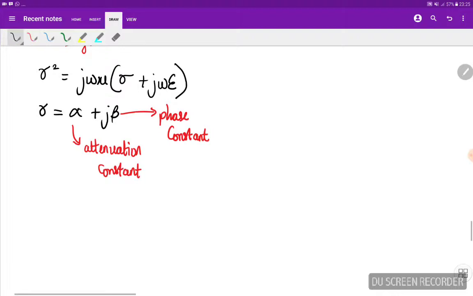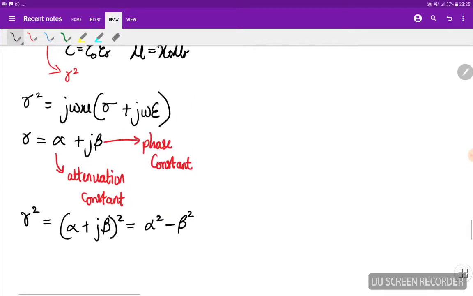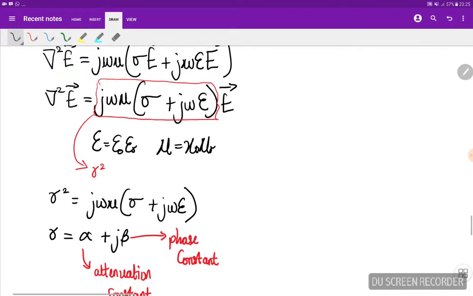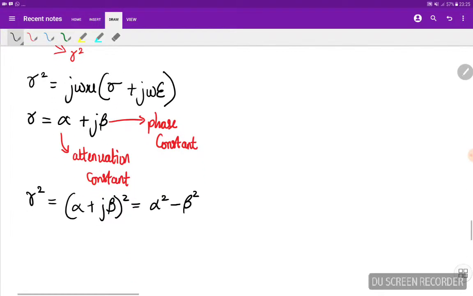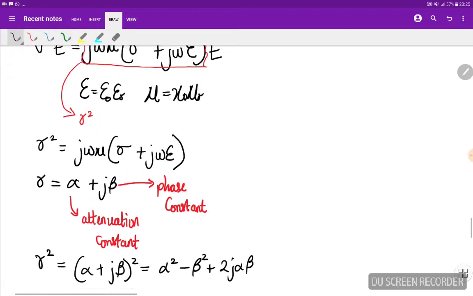So let's do gamma squared. Gamma squared is alpha plus j beta squared, and that's going to be alpha squared minus beta squared plus 2j alpha beta.